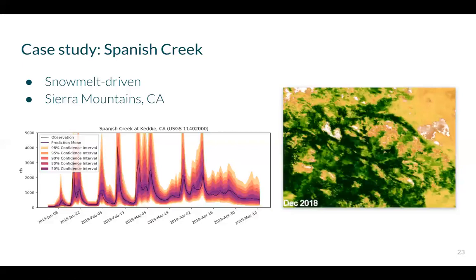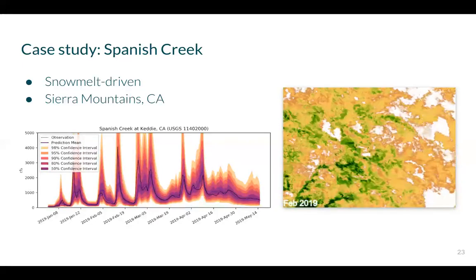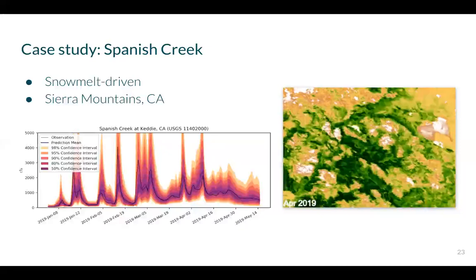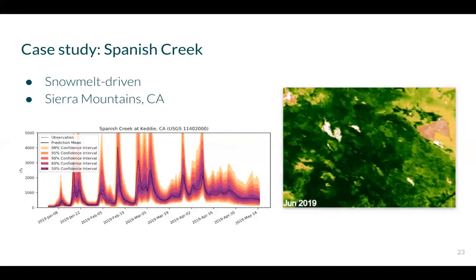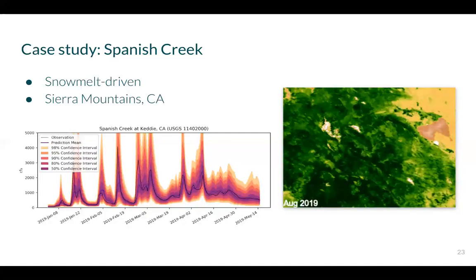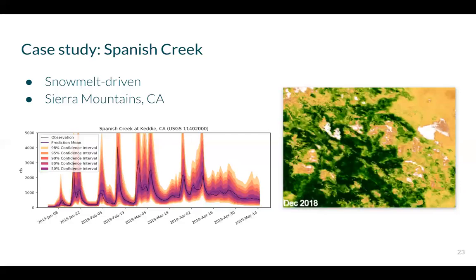You can see that here as we move into January. You can see the snow falling. Now in February, there's snow all over the basin. And then as we move into March and April, we can see that snow starting to melt back down. That melting snow is what turns into runoff, and we'll see the model learning those relationships momentarily.